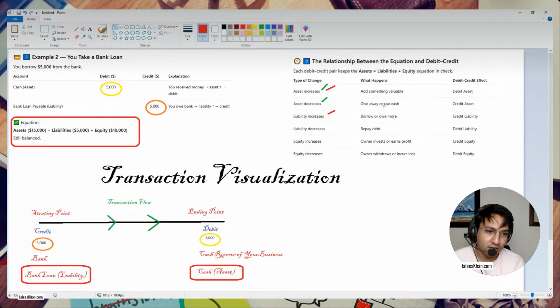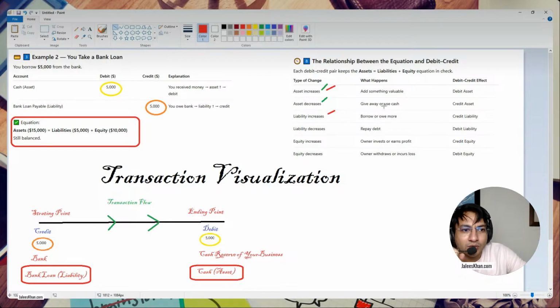Okay, if we are going to understand this concept, we have to combine the transaction visualization, the flow, and also this equation. Then we'll know how the debit credit pair keeps the equation in check.